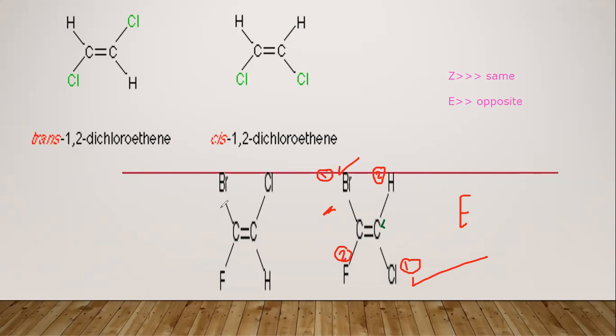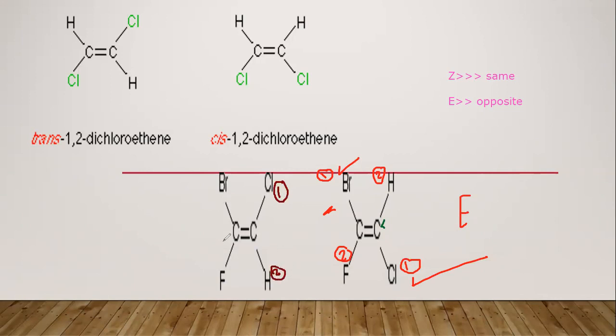What about the second one? Again, I will repeat what I said. In the first carbon, I have chlorine and hydrogen. The atomic number of chlorine is 17. The atomic number of hydrogen is 1. Which one has a higher priority? Of course, chlorine, higher priority, and after that, hydrogen.